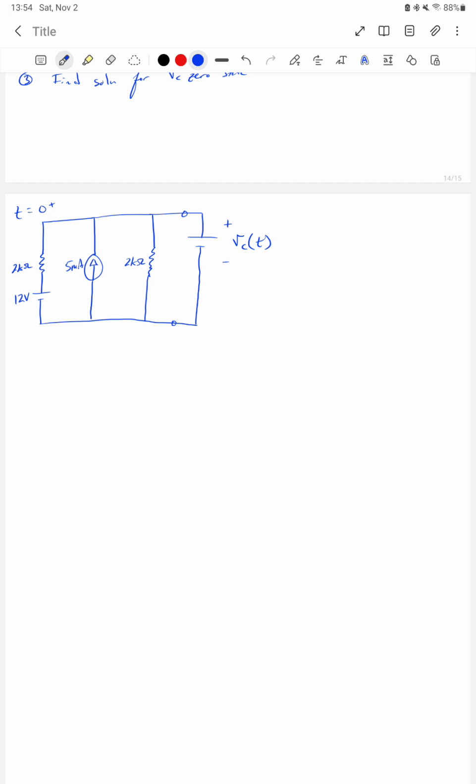I don't usually like to get rid of components and condense them into smaller things, but it works in this case because there are no dependent sources, and your VC of T sees the whole circuit.